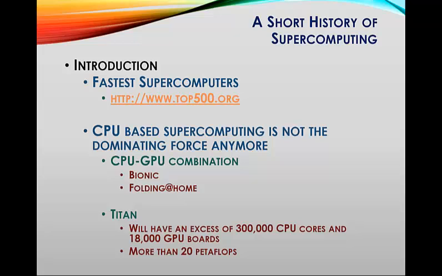Titan, that I mentioned earlier, comes with hundreds of thousands of CPU cores and tens of thousands of GPU boards, with the goal of processing in excess of 20 petaflops. Petaflops stands for floating point operations per second, which is a massive amount of processing. That's 10 to the 15 floating point operations per second. And that is the goal of supercomputing and high-performance computing.